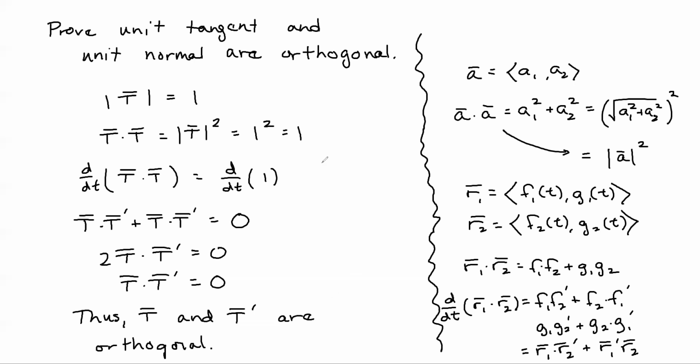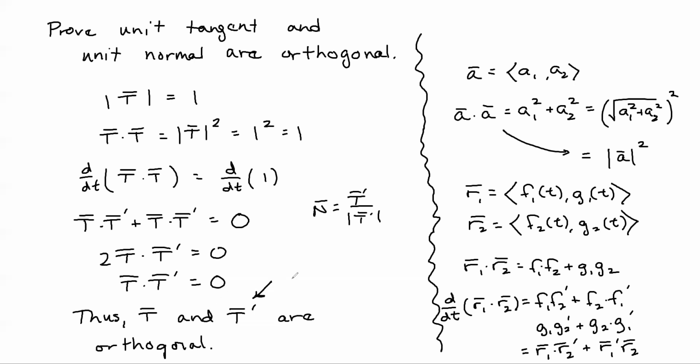Okay, so what is the unit normal? The unit normal is equal to the derivative of the unit tangent over the length of that. So the unit normal points in the same direction as T prime, because it's T prime divided by the length. So it's a unit vector that has the same direction as T prime.